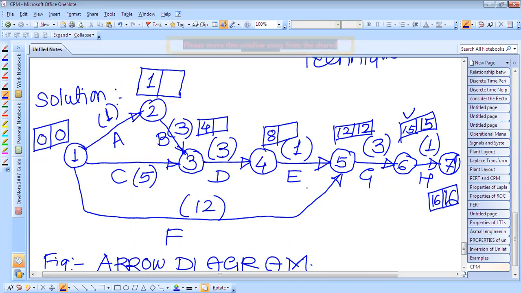So come to the activity E. For this activity, we have to calculate the LFT. LFT is the total duration of this activity, so here 5 plus 3, 8, 9, 10, 11, 12, 13. 13 minus 1.